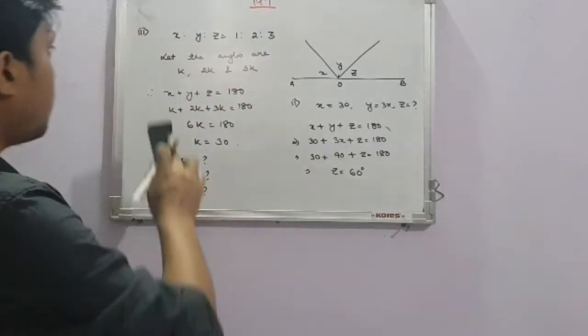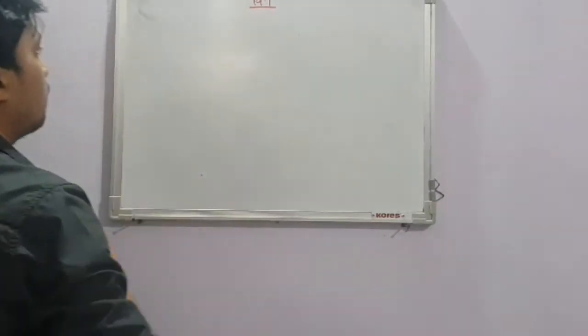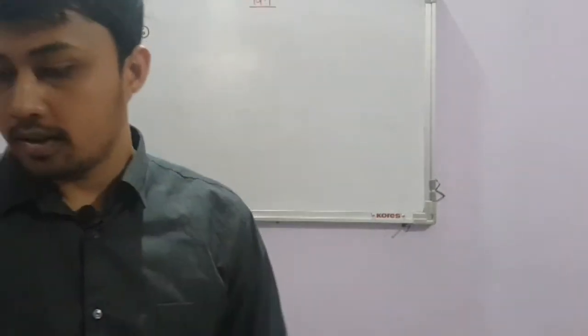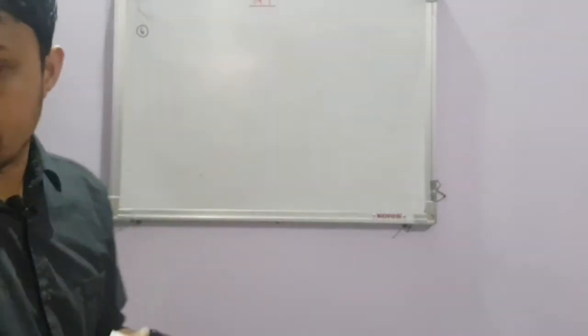Let's do one more today. That is question number 6. So if I go to question number 6 now, again a figure is given. There is a straight line AB, then another straight line. Okay, there are so many straight lines there, right?